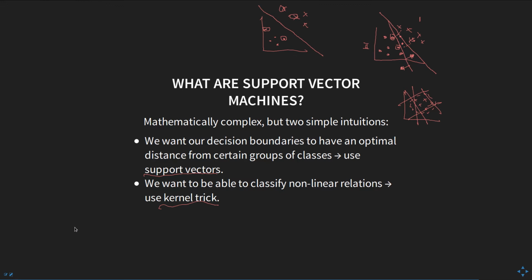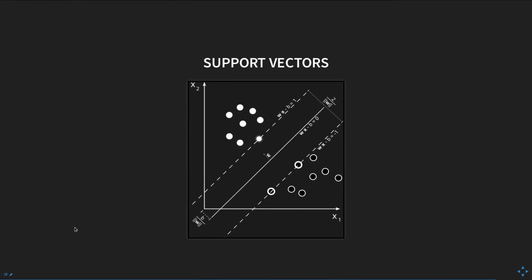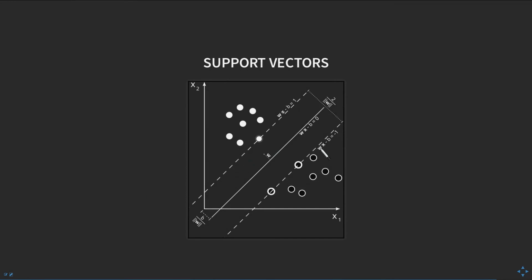But let's first look at the support vectors. Now, as I said, the support vectors are the edge cases. So hopefully you now understand why we want to fit this decision boundary here. Basically, what support vector machines do is they try to determine these lanes.